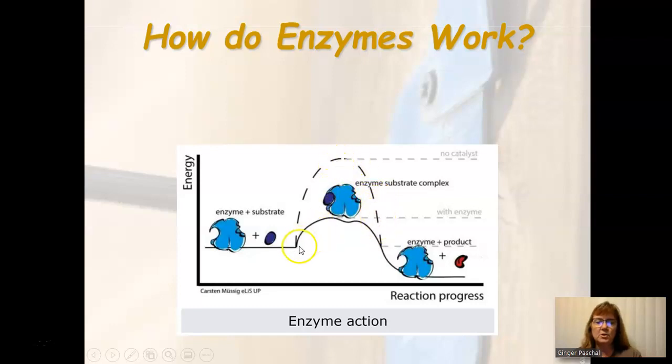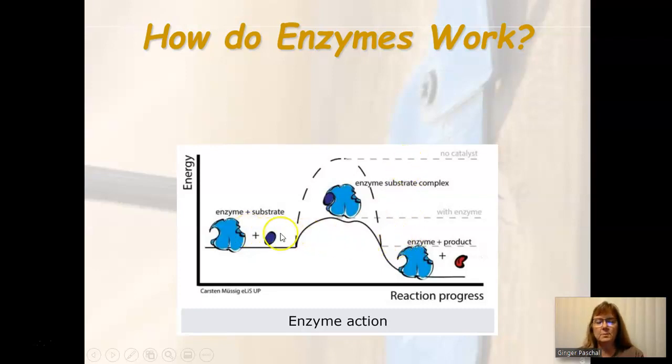So the activation energy is the difference between the amount of energy found in the substance and the amount of energy that has to be overcome. From this line to this line is your activation energy.